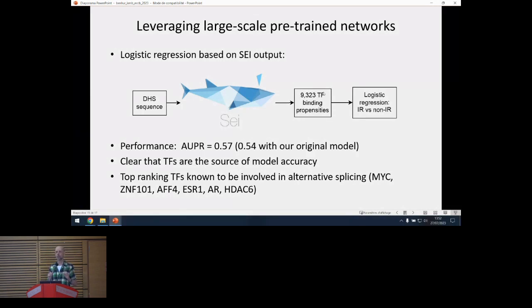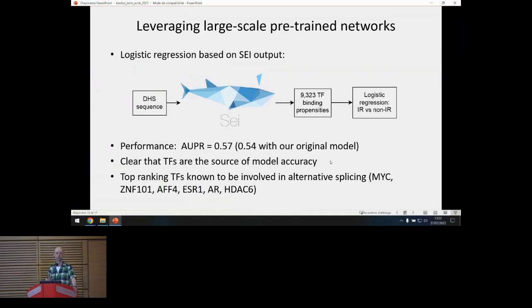So here we can directly implicate the relevant transcription factors in the process. And the other nice thing about it is that this whole model, rather than hours, took just 30 minutes to train.